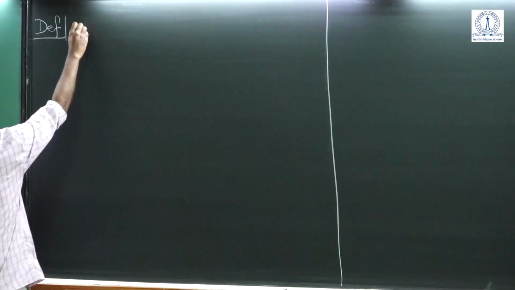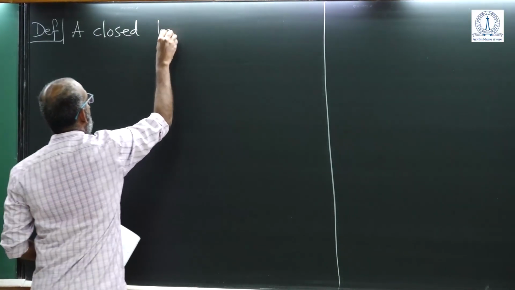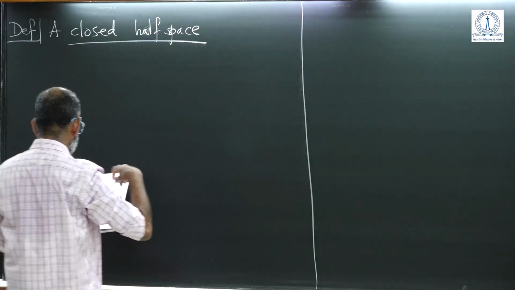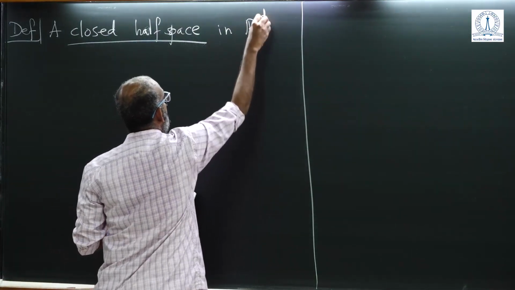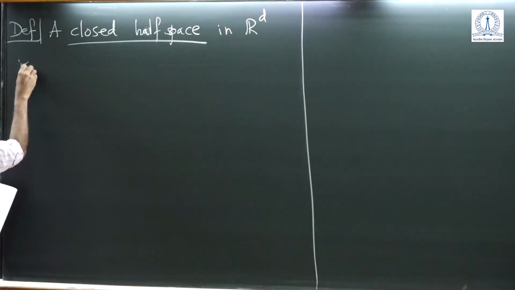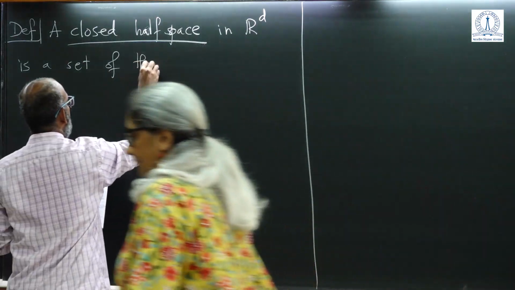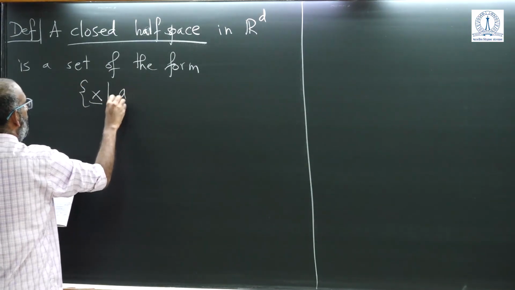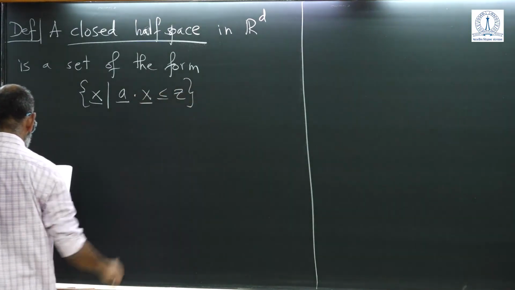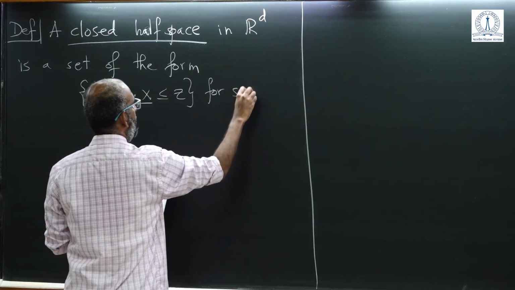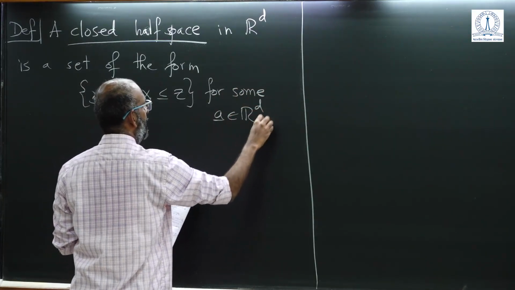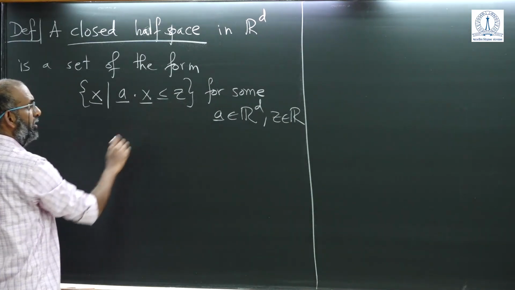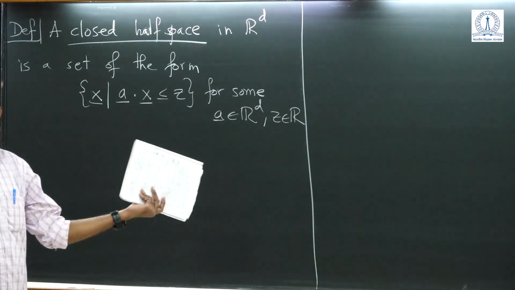Okay, so a closed half space in R^d is a set of the form x such that a dot x is less than or equal to z, for some a in R^d and z in R. So what you should think of is, this a dot x equal to z is a hyperplane in general, like we discussed yesterday.